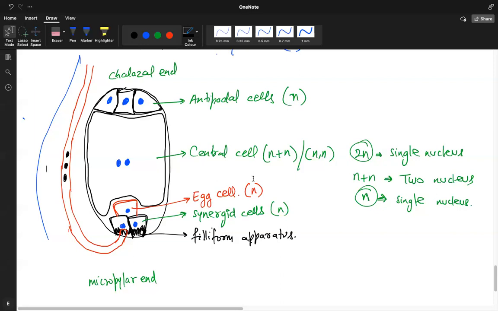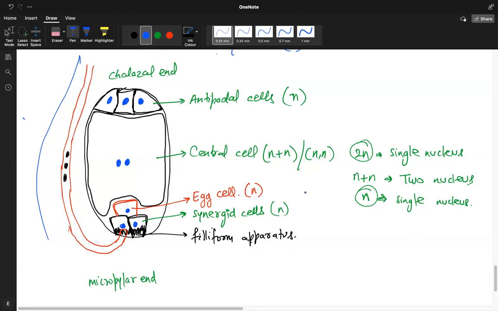And what was the ploidy of endosperm? Do you remember the ploidy of endosperm? 3n, right? Endosperm is a 3n structure.